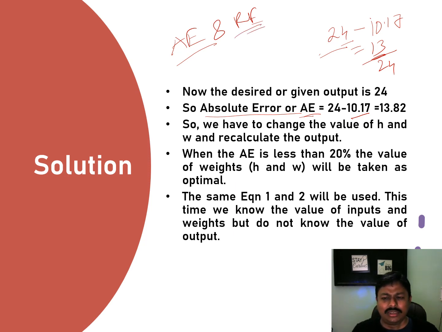And you will always see that if the absolute error is less than 20%, then it is okay.